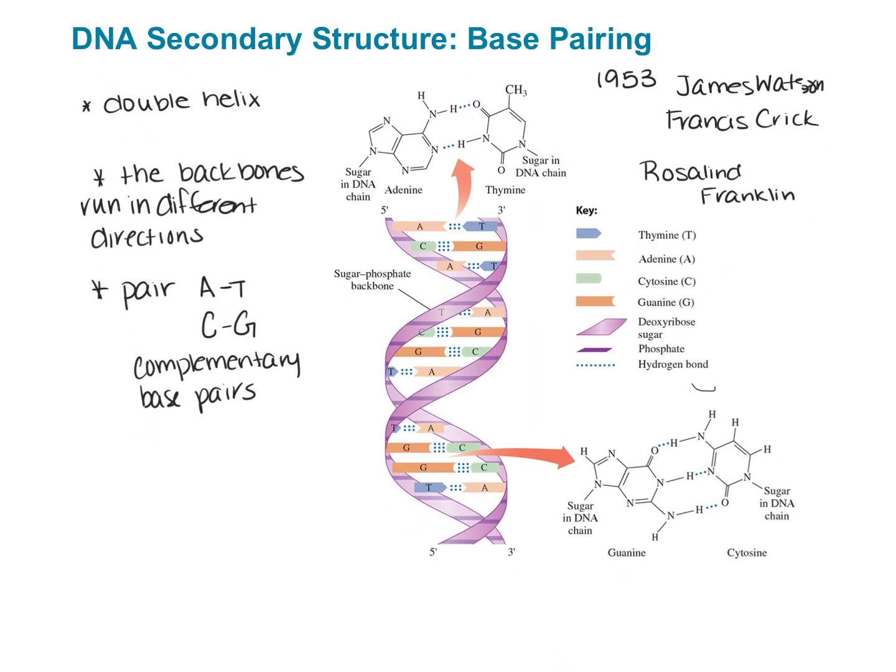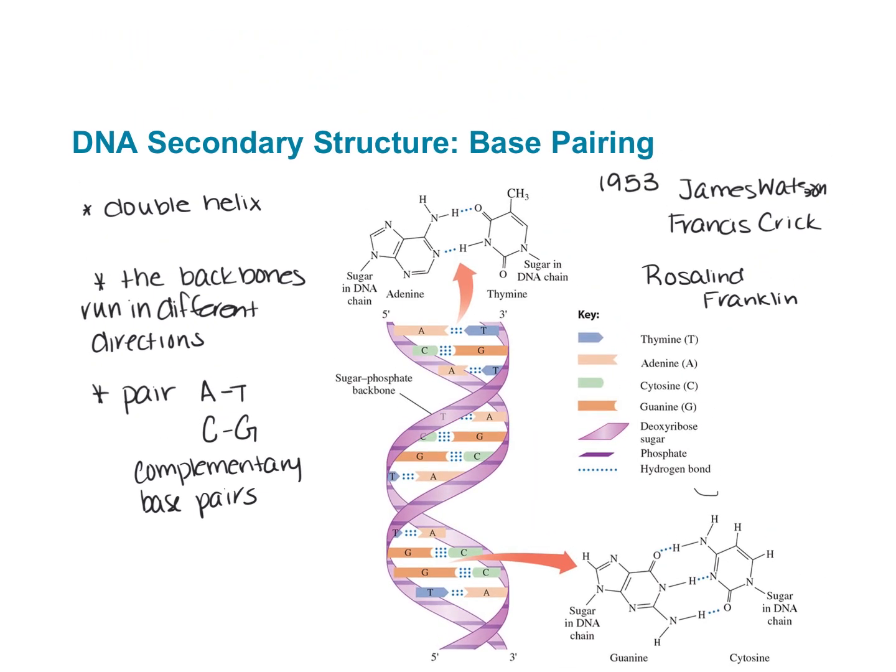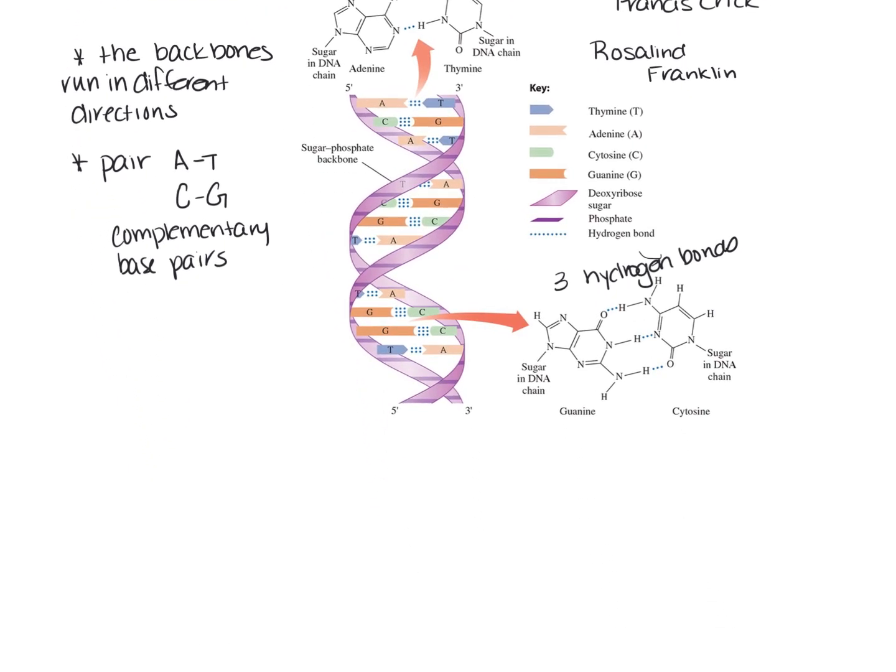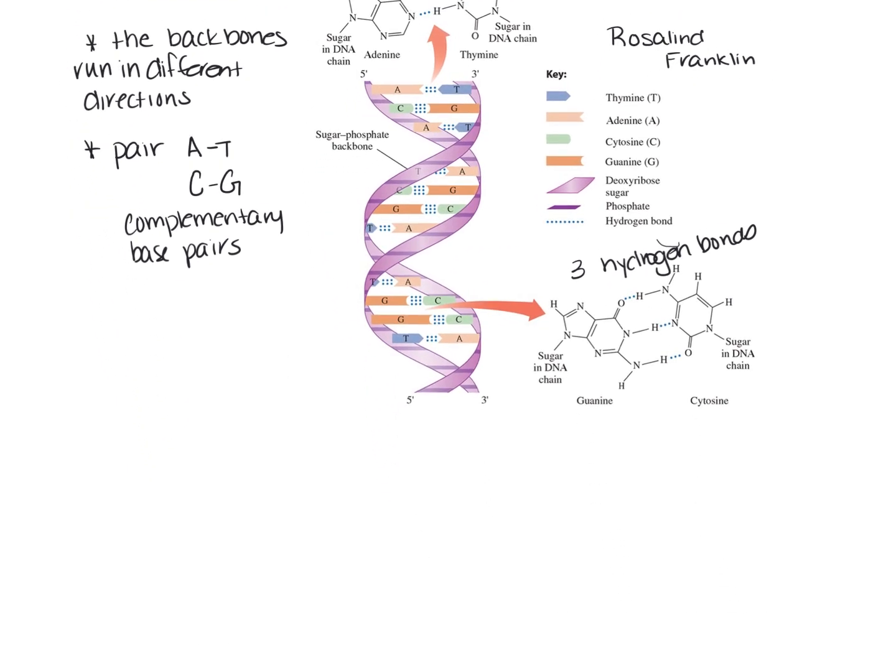And one of the things that you're going to see here is that adenine and thymine form 2 hydrogen bonds, while guanine and cytosine over here form 3 hydrogen bonds. So, right, one of the things to keep in mind here is that the DNA in one human cell can contain 3 billion, with a B, base pairs.